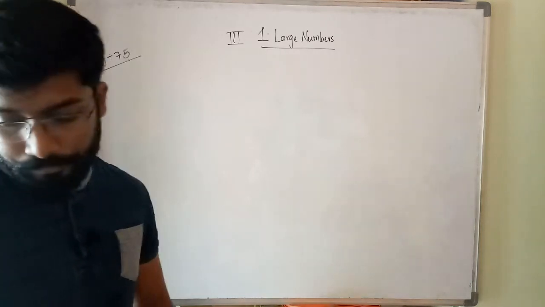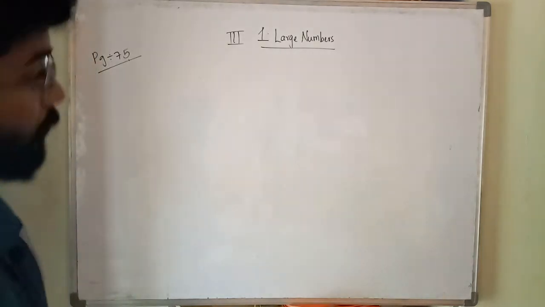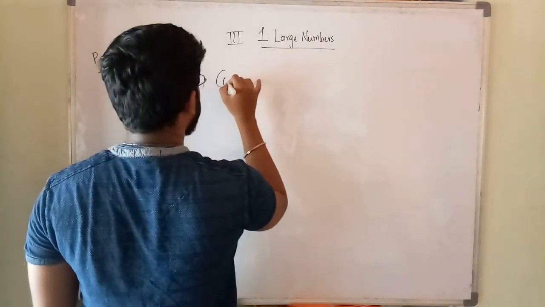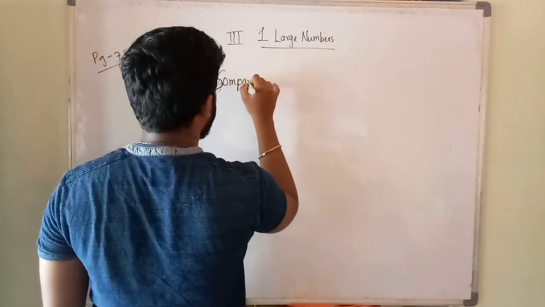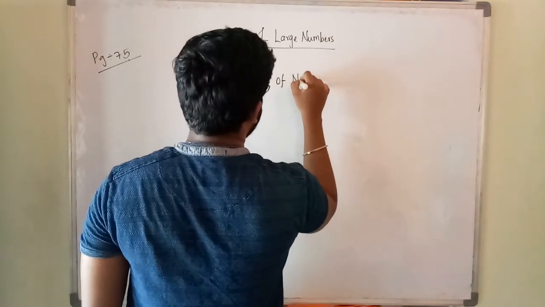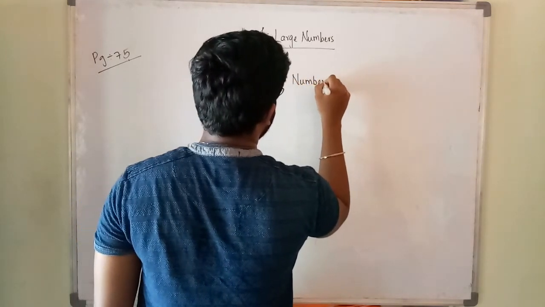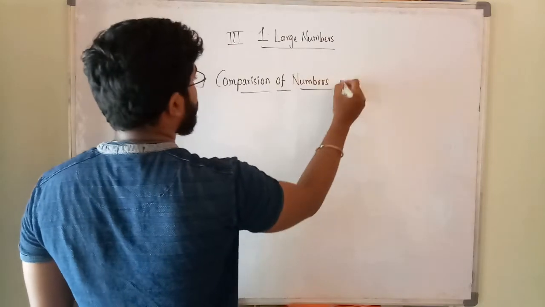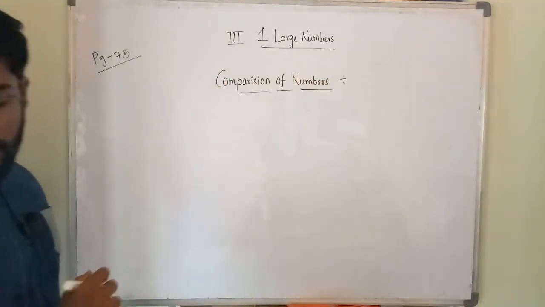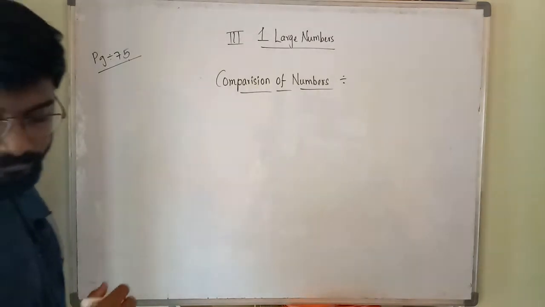Okay, so there is a comparison of numbers. This is a heading. Comparison of numbers. Recall the checklist for comparison of numbers.